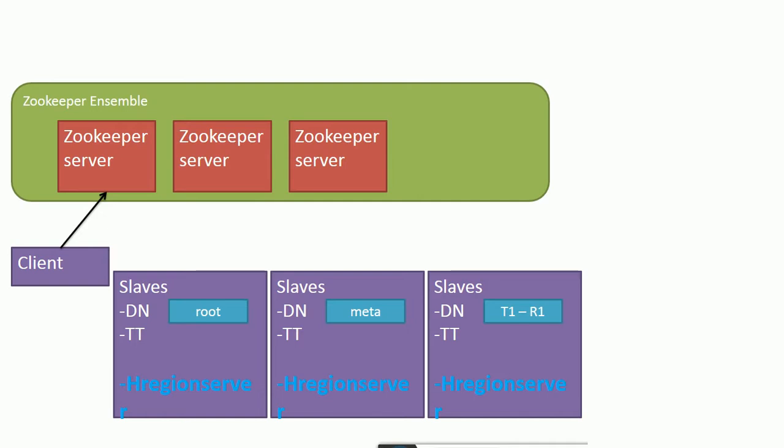First time you have to traverse all the paths; next time you can directly go to that particular table's region server. If you are querying a new table, the whole path may have to be traversed. Are you getting this? The path known once will not be traversed again via Zookeeper. Directly that query will hit that particular region server.